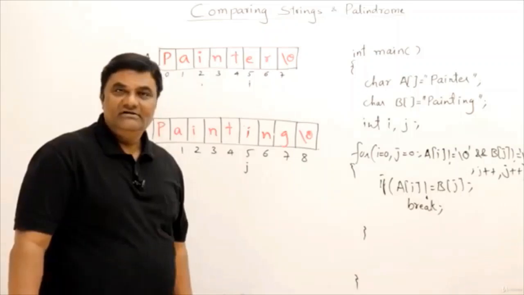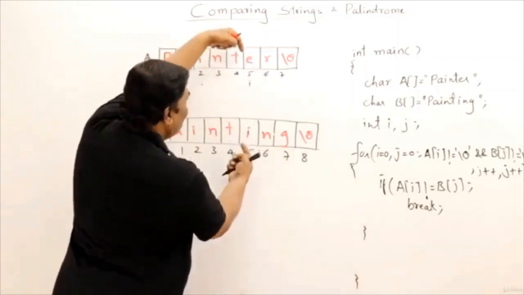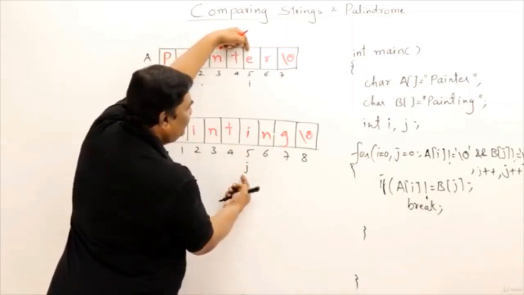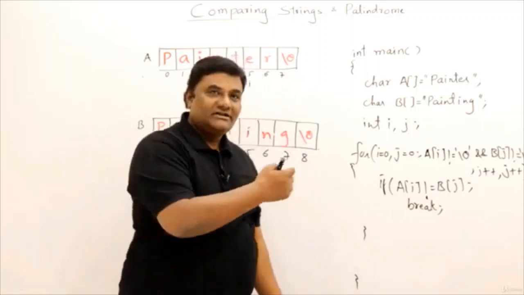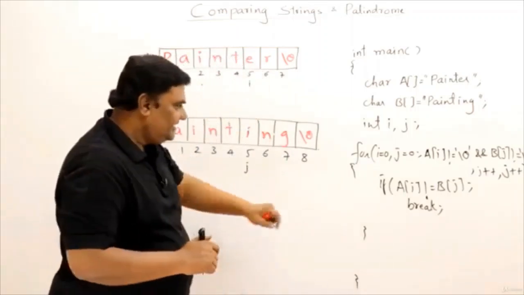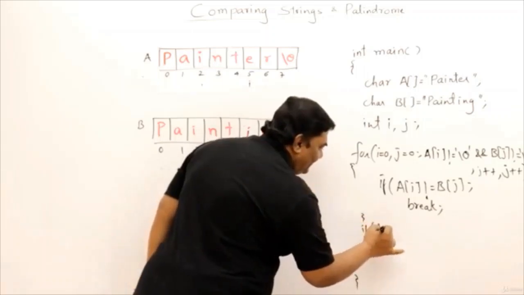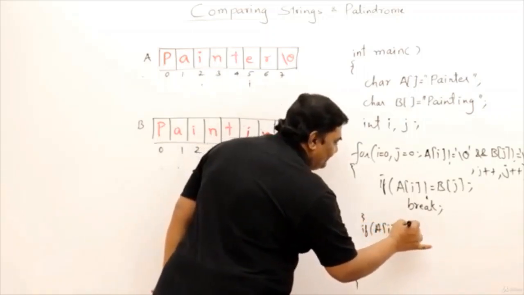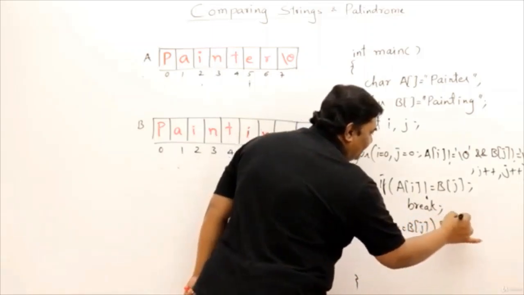Then after coming out of the loop, I should see whether they are equal wherever I and J are pointing, or the first one is greater or the first one is smaller. Based on that, I should display a message. So here I will write down the code for that. See here, if A of I is equal to B of J, print equal.